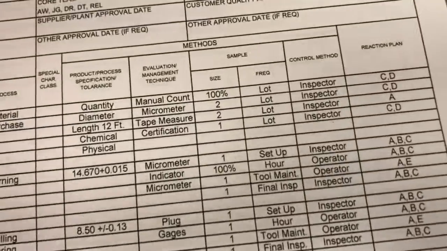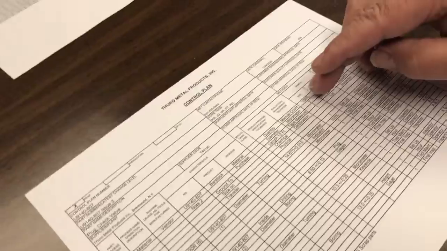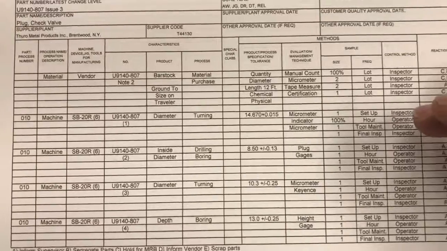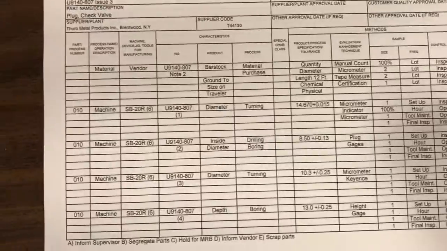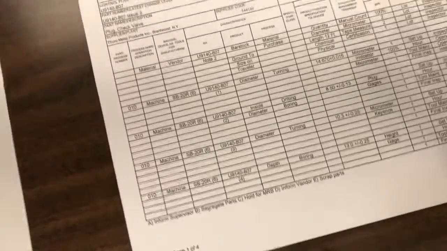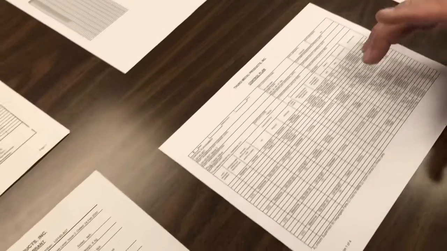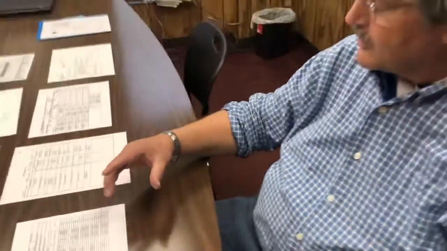And then from there it's broken down into when the part is checked, how often, by who. So in this particular case, we have an inspector check the one piece at setup, and they make the decision whether the part is correct and whether we should proceed with the running of the parts at that point.